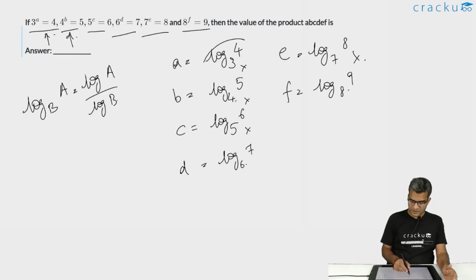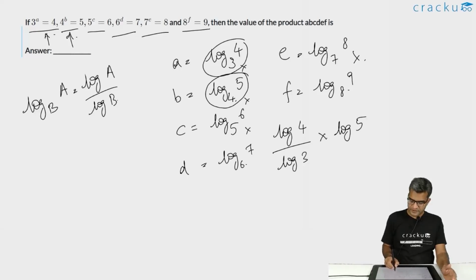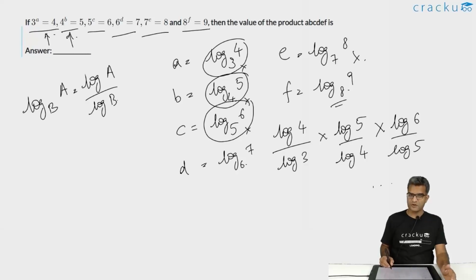This would imply that log of 4 to the base 3 is log of 4 divided by log of 3 into log of 5 to the base 4 is equal to log of 5 divided by log of 4 into log of 6 to the base 5 is log of 6 divided by log of 5, and so on. The last one will be f, which is log of 9 to the base 8, which is log of 9 divided by log of 8.